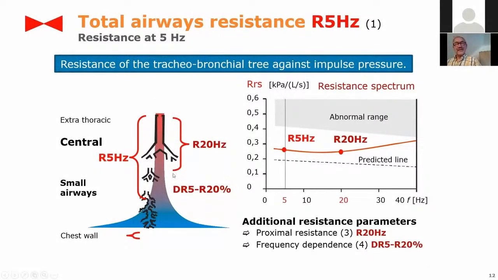And there is a gap here, differentiated by the frequency dependence of the 5 and 20 hertz. And this frequency dependence expresses the small airways. That's a small airway indicator. That means you have global general information about the large airways, and you can differentiate, if you like, into central airways and the small airways.